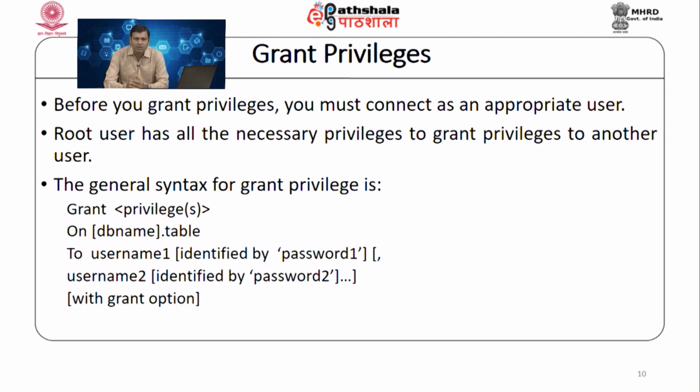Within the same statement you can assign to multiple users. So, you can optionally provide a comma and another username, optionally identified by password, and optionally you can provide with grant option. With grant option allows the user to give privileges to another user if he has the appropriate privileges.